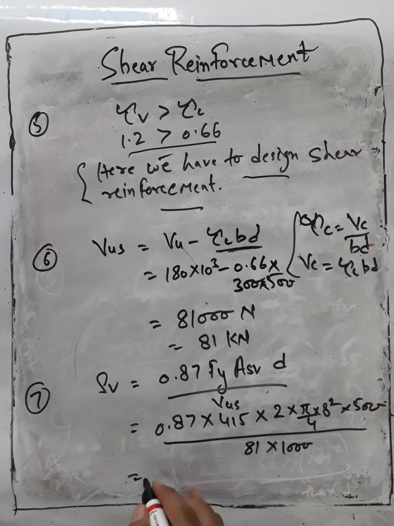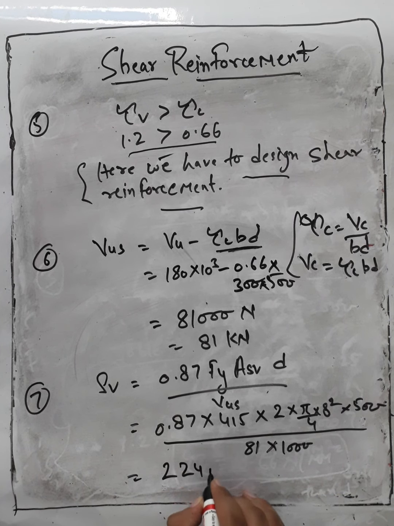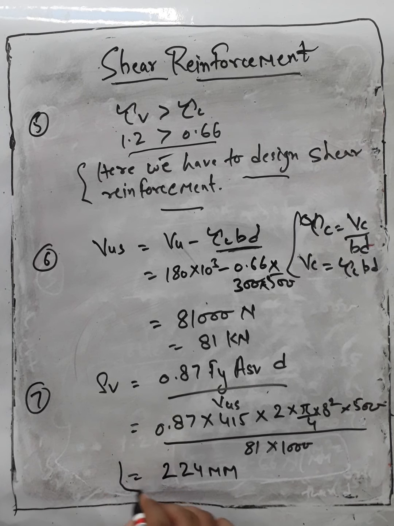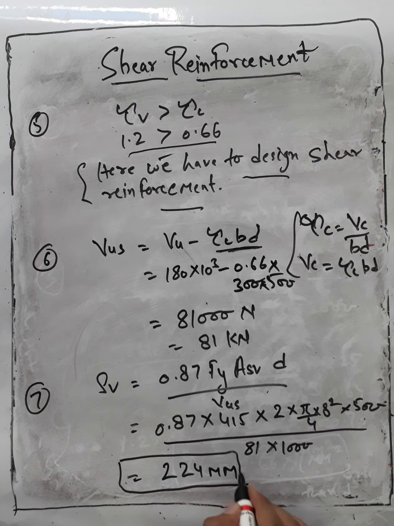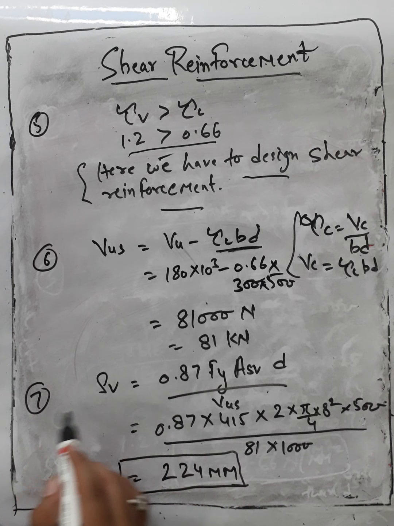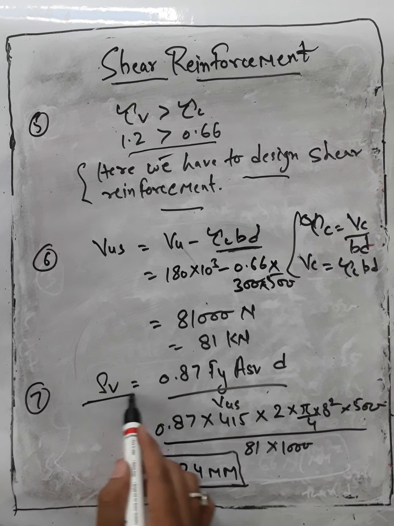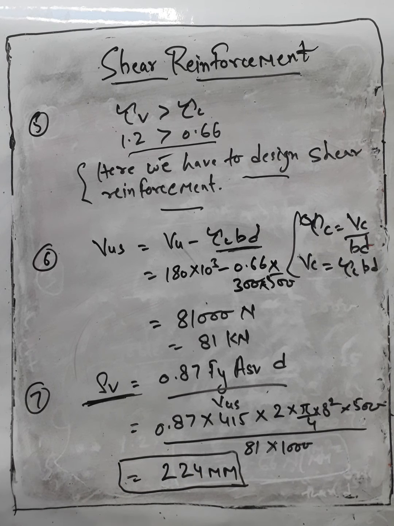So here you get SV is equal to 224 mm. In our question he is asking for the vertical spacing, and this is the vertical spacing we found: 224 mm.